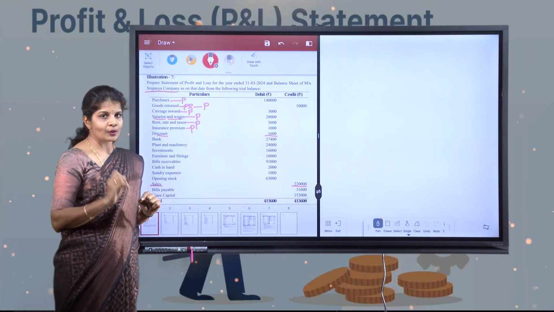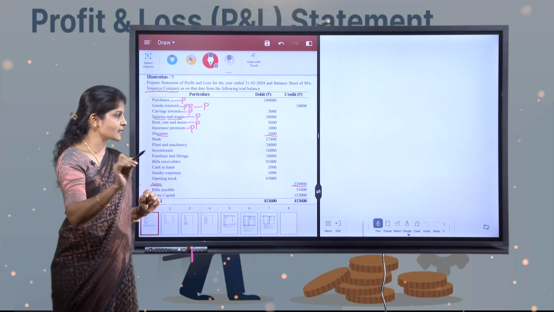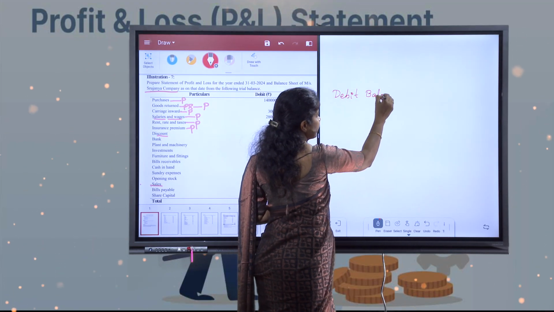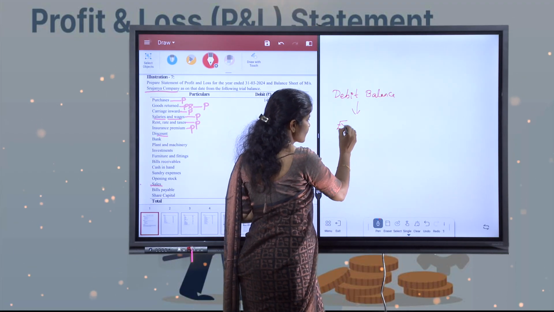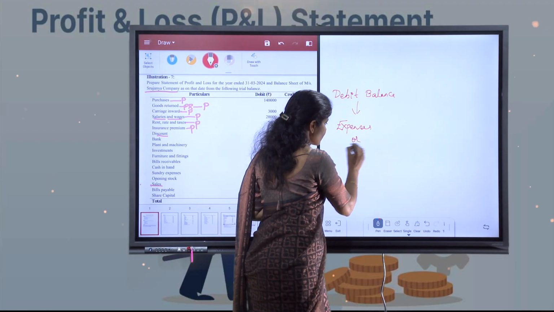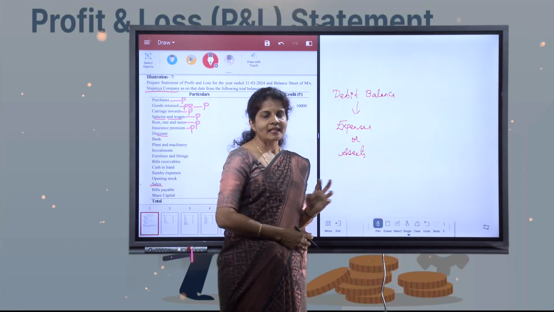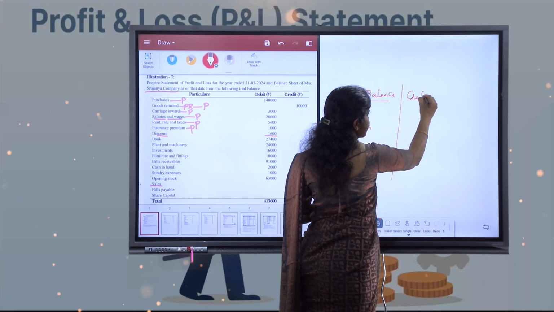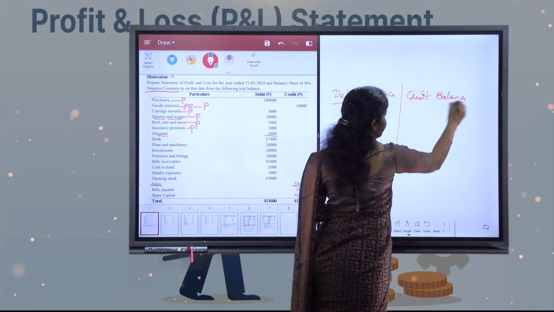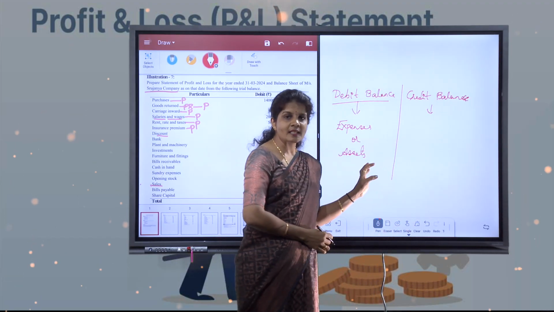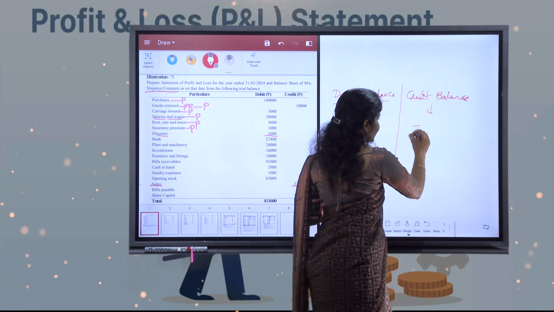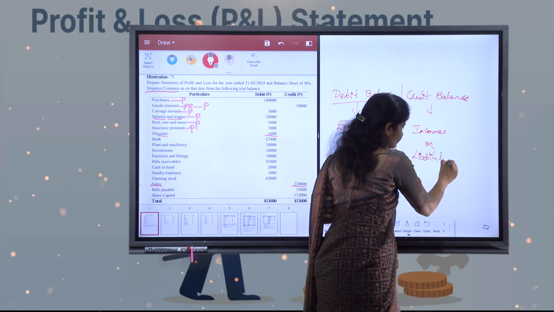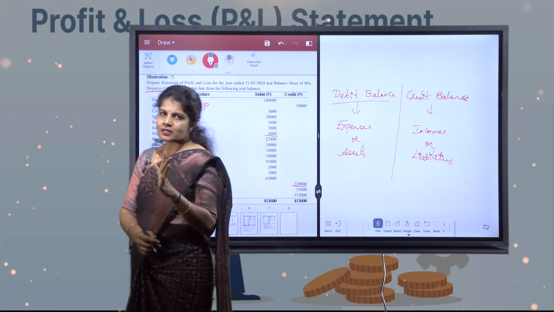If it is a debit balance, what I told, debit balance will always be either expenses or assets, and if credit balance information they have given, this credit balance means it should be incomes or profit or liabilities.